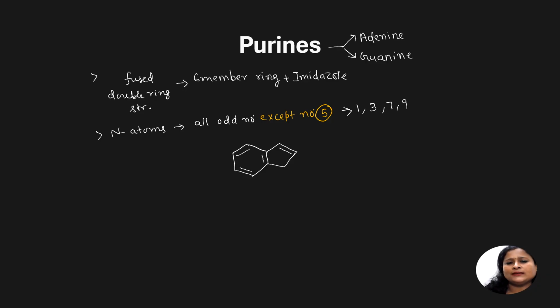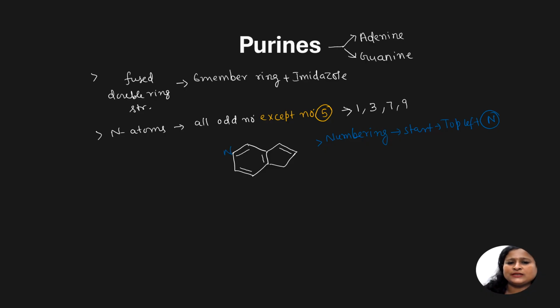Always for the numbering, you always start from the top left nitrogen. So this is the number 1 position.